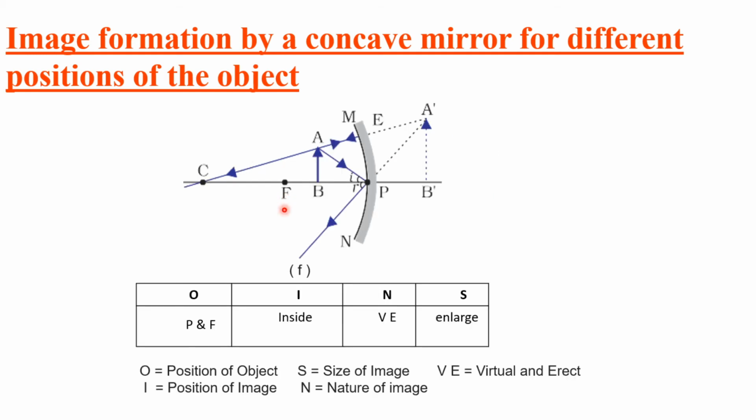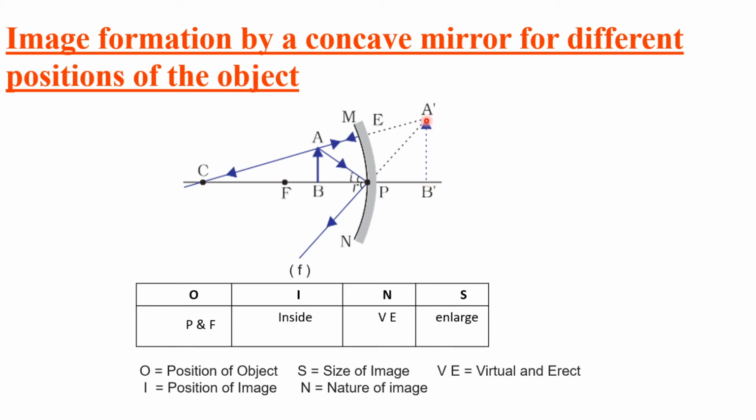When we are placing the object in between P and F, so object is here. One ray which is incident at the pole will be reflected back making the same angle. Another ray which is passing through the center will be passed back the same way, and the two rays are intersecting inside the mirror.